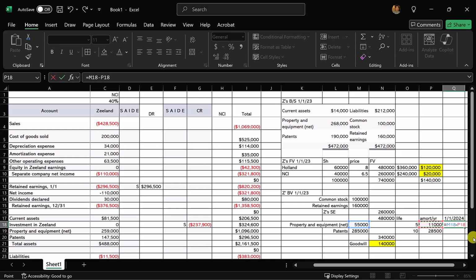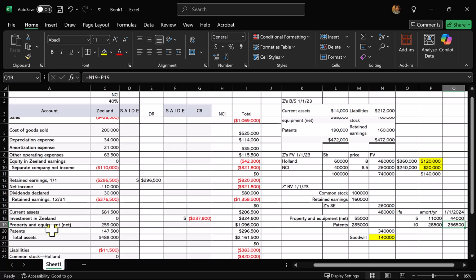Of course, each year it's going to get bigger and bigger, yeah? The accumulated amortization or depreciation, leaving a smaller net value. But this amount here is the adjustment I need to get at the beginning of the year for the equipment of Zealand and the patent for Zealand.